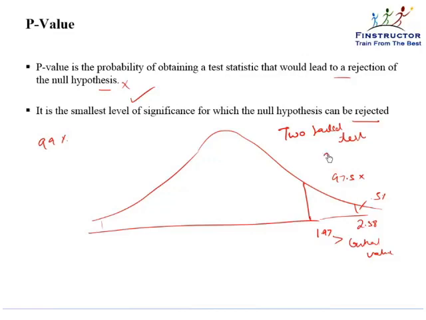If the level of significance was actually 95%, 95% implies 2.5% on the right and 2.5% on the left. Remember, the critical value for a 95% two-tailed test comes out to be 1.96.